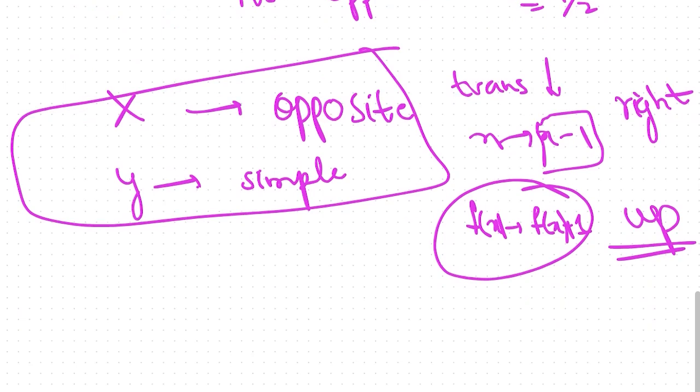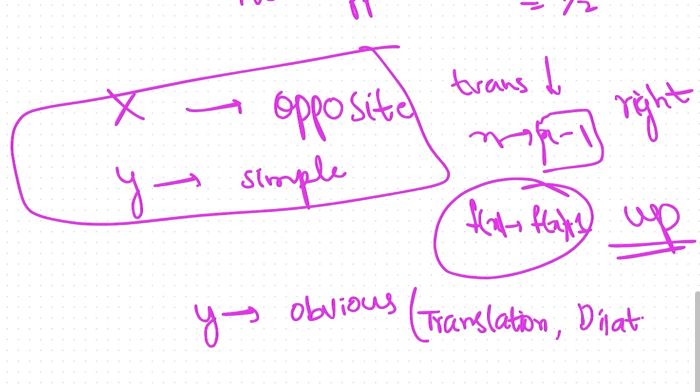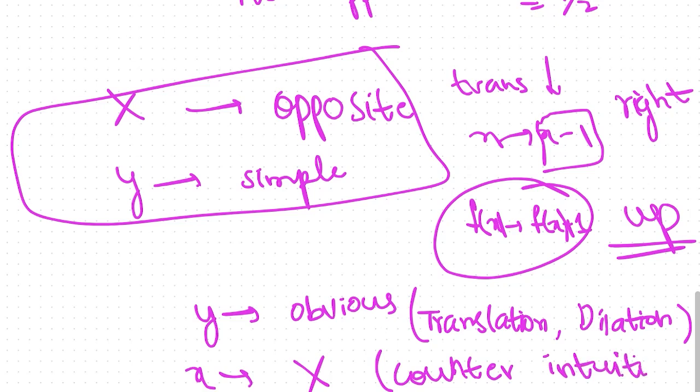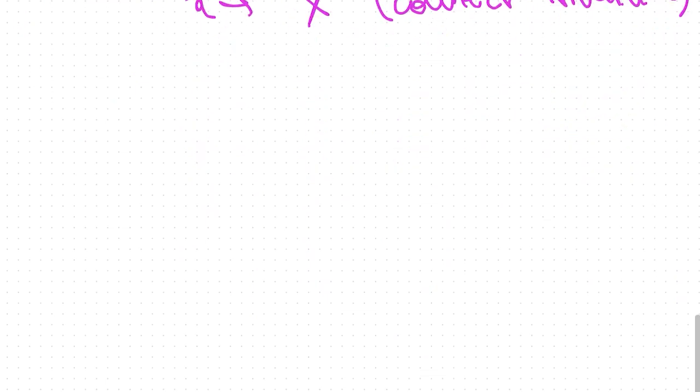So with regards to translation or dilation, x is counterintuitive. It's opposite to our intuition.